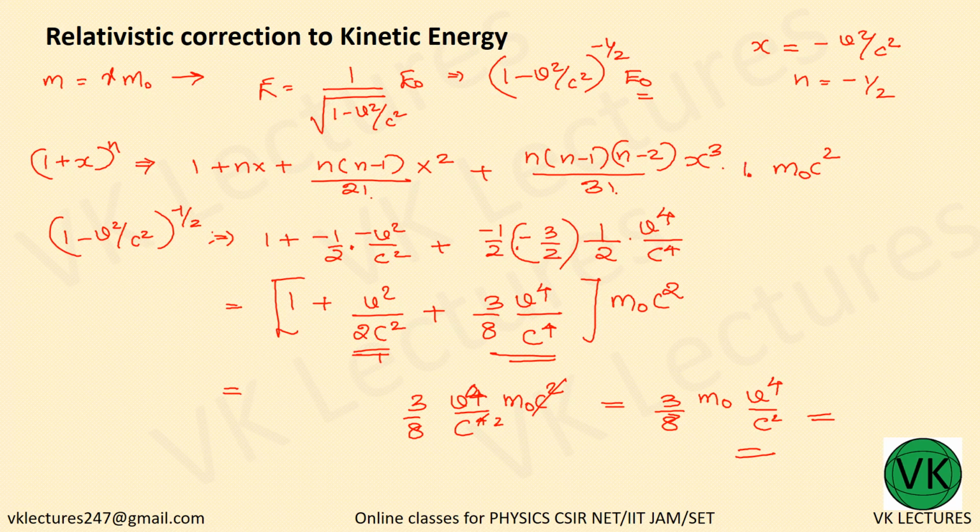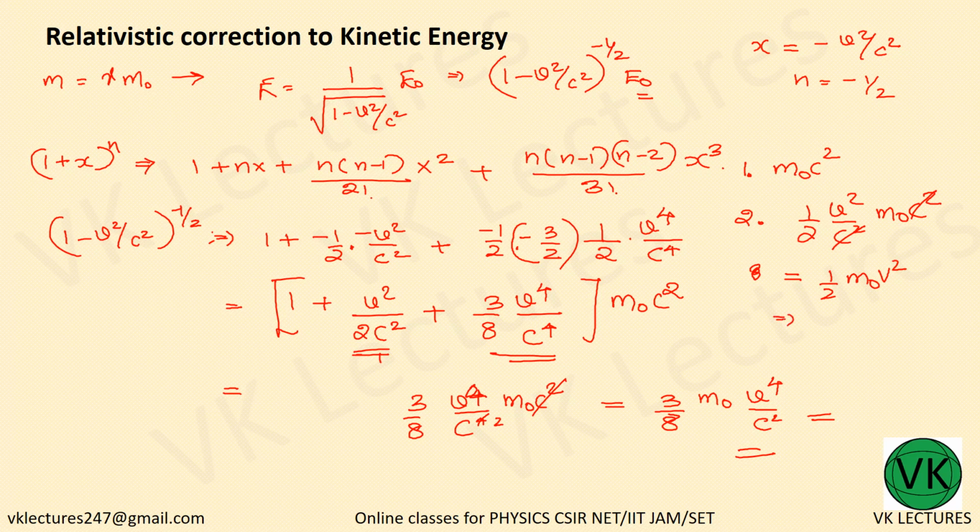When you put the second term, 1 by 2 v square by c square into m naught c square, the c squares get cancelled. What you are getting is half m naught v square.